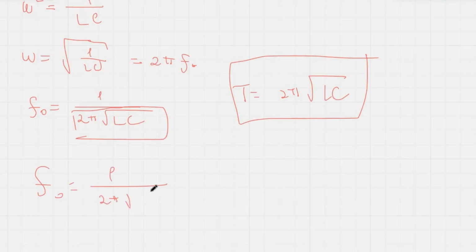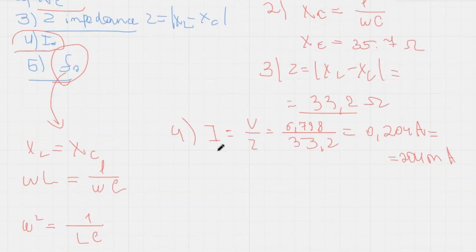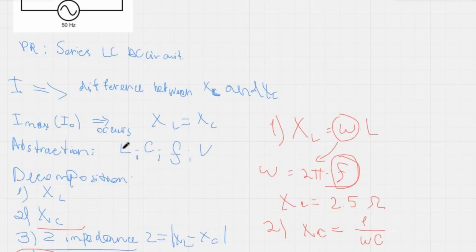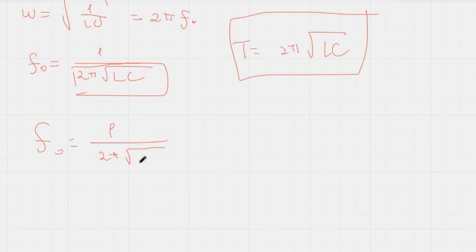Now, let's put in the numbers and calculate our frequency. 2 pi, our L was what? I forget it. Our L was 98 millihenry, multiplied by 89 times 10 to the power of minus 6.